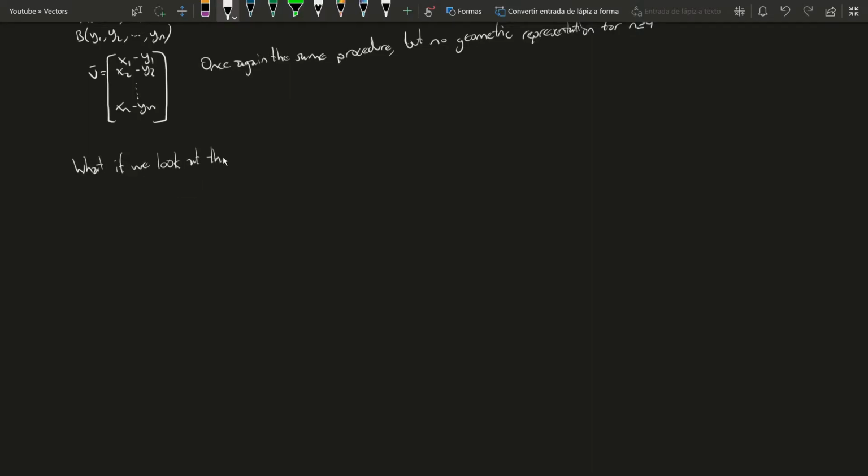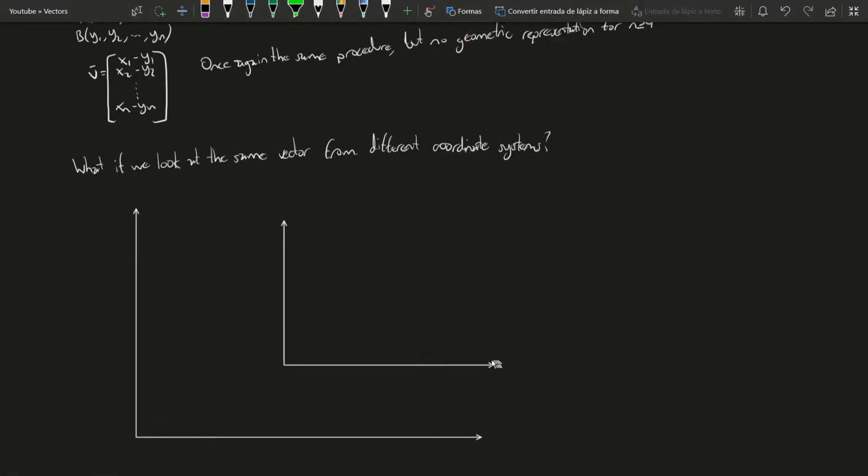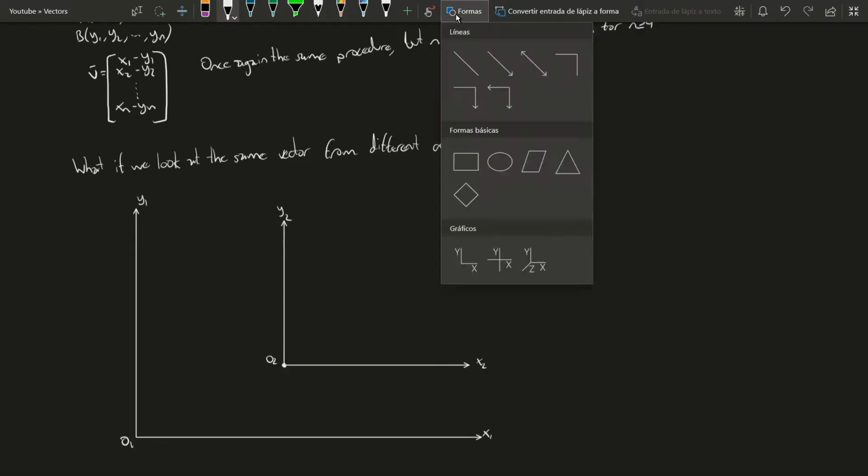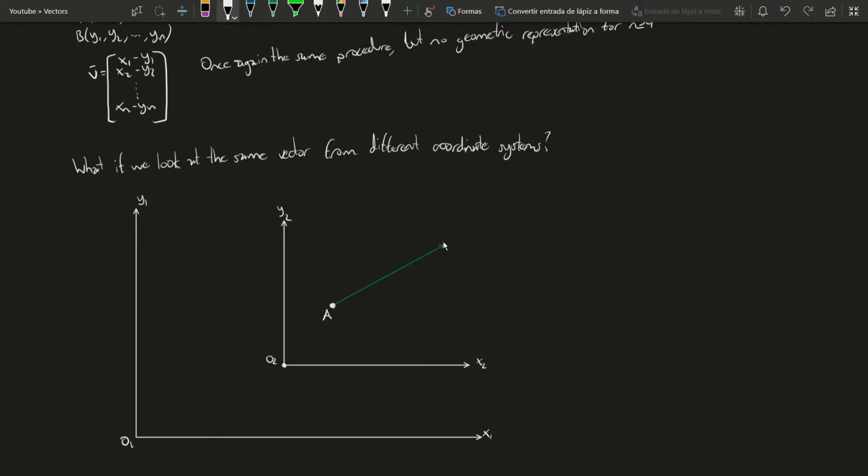Now let's see what happens when we look at the same vector from a different coordinate system. I'll draw 2 coordinate systems and a vector. From the point of view of the second coordinate system, the beginning of the vector is located at point A with coordinates u1, u2, and the end is located at B with coordinates v1, v2.